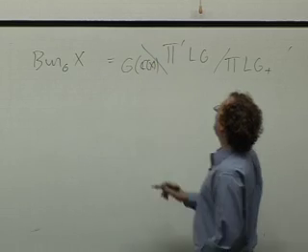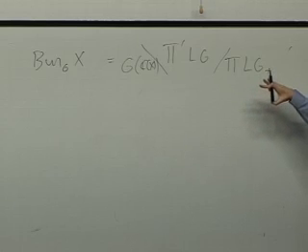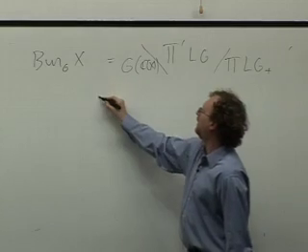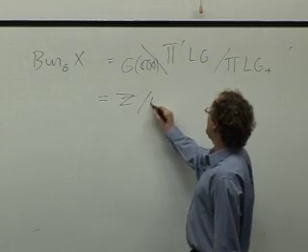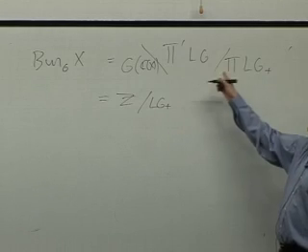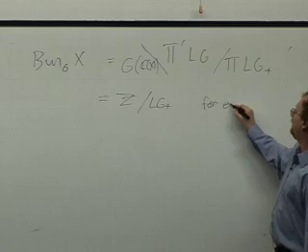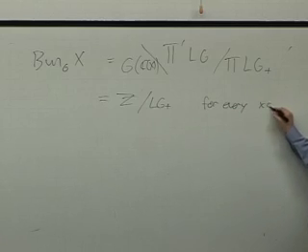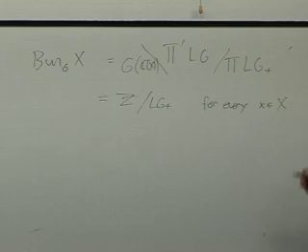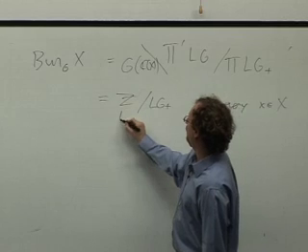But this is just an extreme way to say that Bun G is something of the form Z mod LG plus, in lots of different ways. Every time I pick a point x in X, I can write Bun G as this thing, where what is Z?